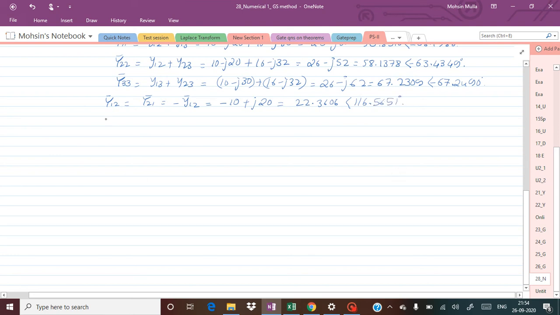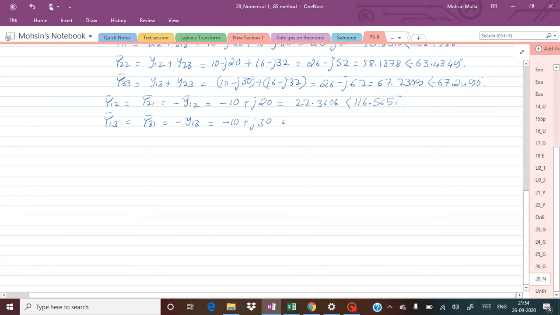Similarly, Y13, also Y31, is equal to minus y13, which is minus 10 plus j30.